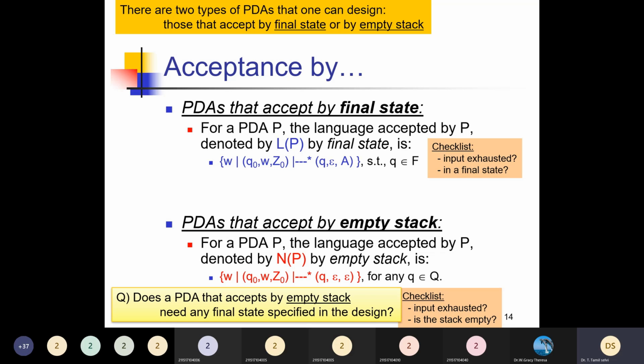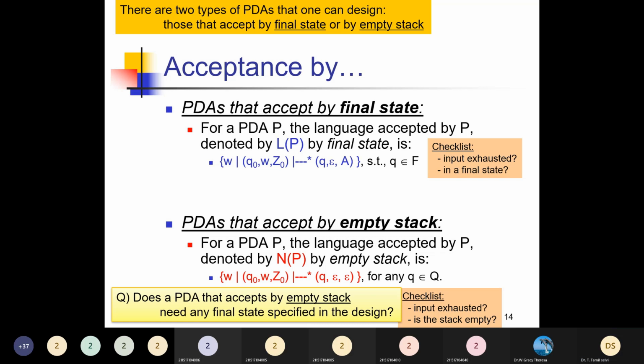It is the set of final states. This is the acceptance by final state. You have to write the instantaneous description like this, where q should be a final state, or any one of the final states from the set of final states.